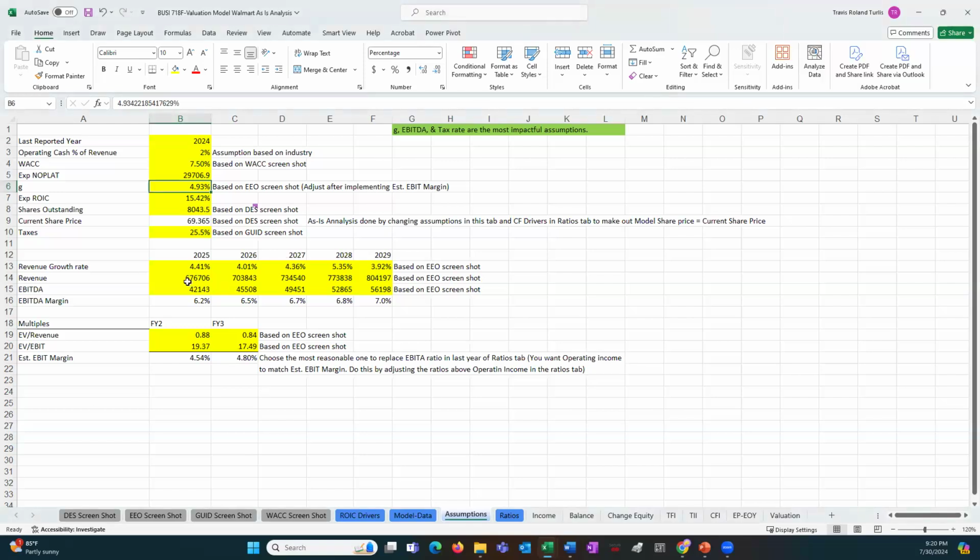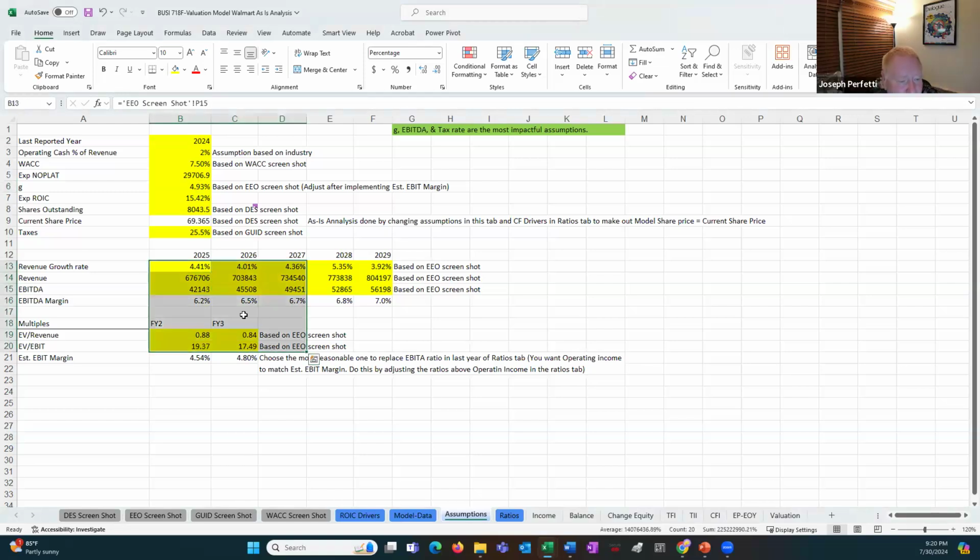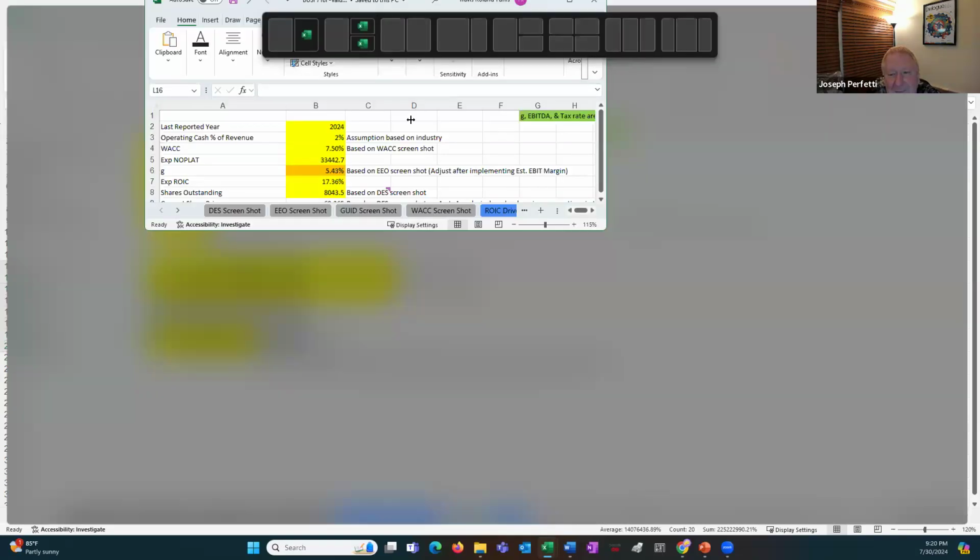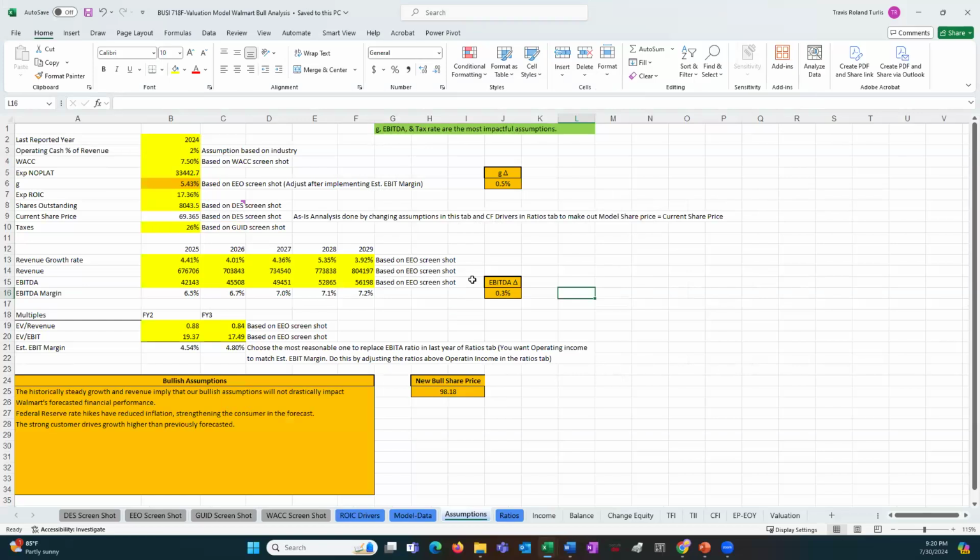All right. Is there anything specific you want me to get into in terms of articulating mathematically? All good. Okay. So why don't you go through your bull, your bear? So in our bull analysis, we made a couple of assumptions associated with EBITDA, specifically margin and growth.